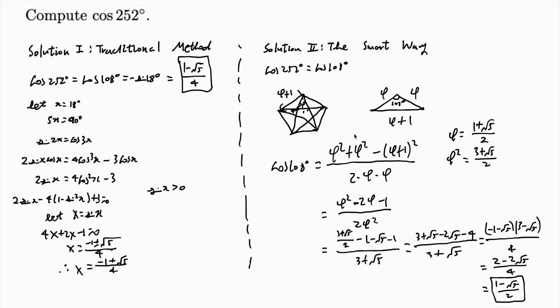Eh? Minus 1. 2 times. Oh! Huh. I didn't multiply 2 in the denominator. When I multiplied it by 2, I forgot to do it here.